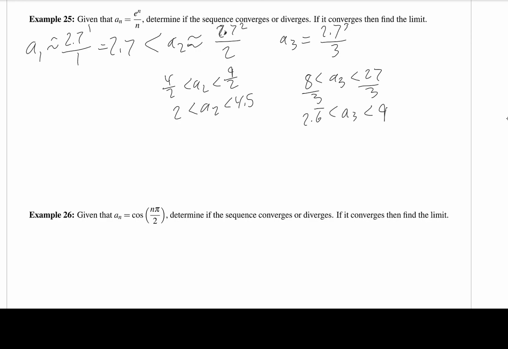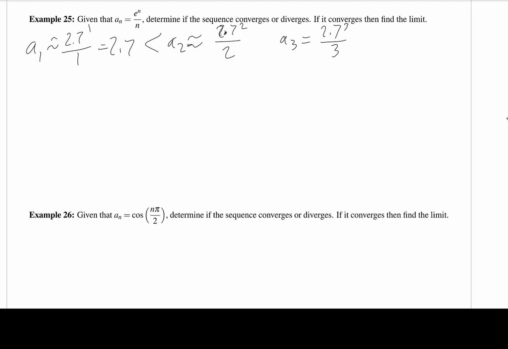Well, this isn't giving me much, because let's say a2 was something like 4, but a3 was 3, then that would say that this is decreasing from a2 to a3. So that method isn't going to work. So instead, I'm going to look at what I multiplied my numerator by. On top, I multiplied by 2.7.